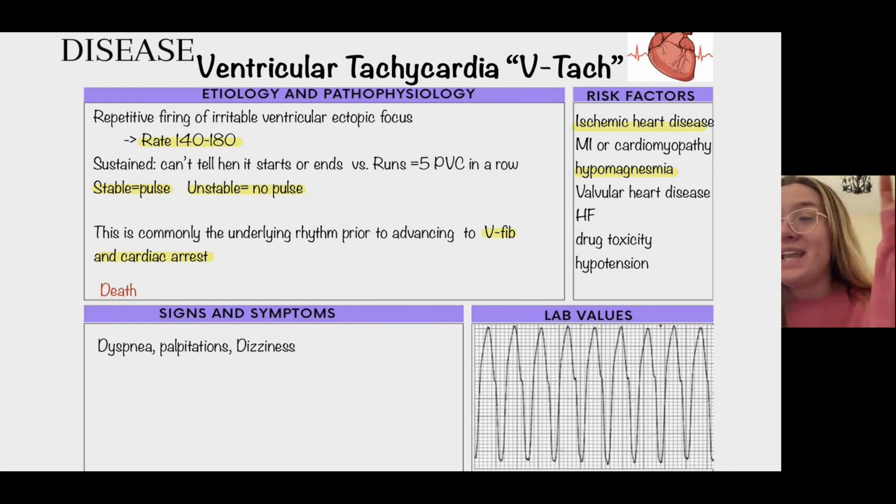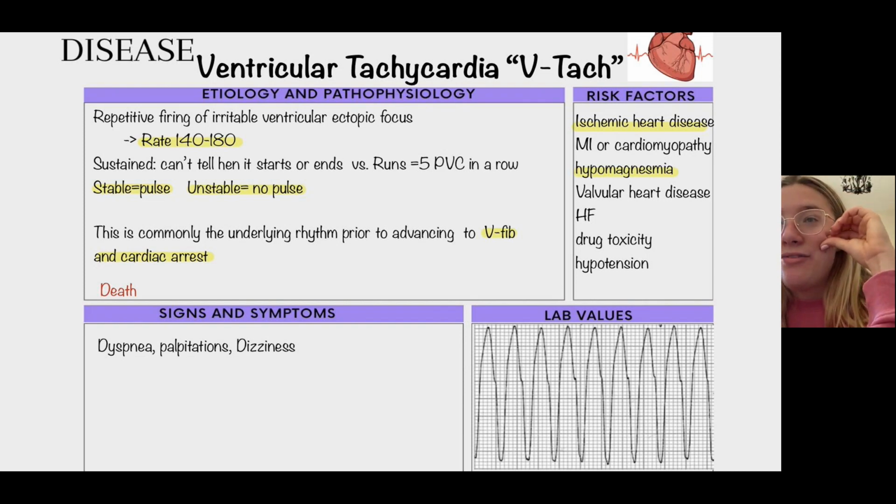If this becomes sustained over a long period of time, that means that they have unstable V-Tach, meaning they have no pulse. Sometimes they will have stable V-Tach if they maybe have 1 and then 7 PVCs and then a regular beat and 10 PVCs. You'd still feel a pulse, but it would just be quite weak.